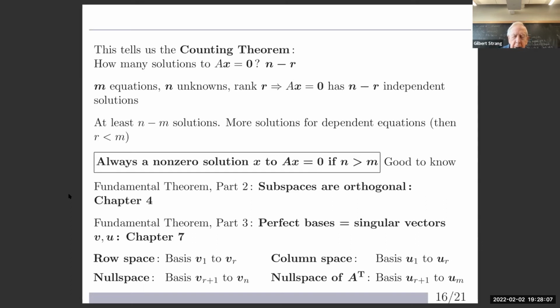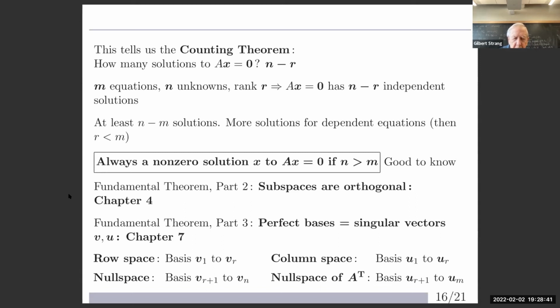And the singular vectors also fit the big picture, our four subspaces. A good property of singular vectors is that they're perpendicular to each other. We have a perpendicular basis, an orthogonal basis. The rows may not be orthogonal, but combinations will be, the singular vectors.